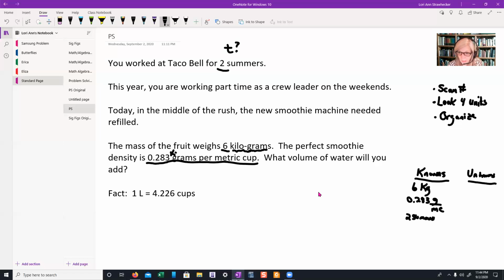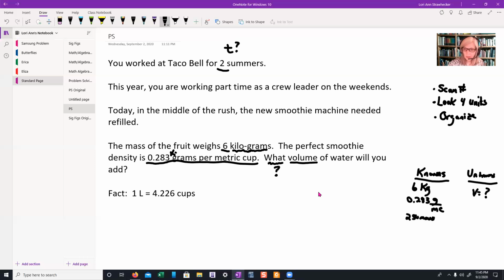And then my unknowns. What volume of water will you add? This is the question. When I see the word what or how, I'm essentially understanding that that is my question. And here is another unit. But so we know that the unknown is what volume.